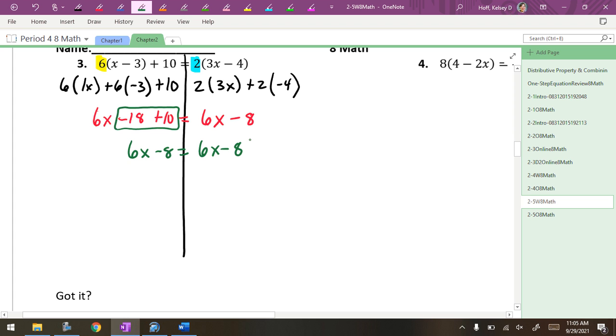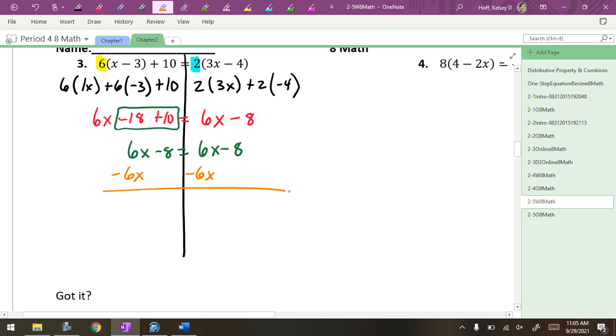All right, our next goal is to get all our variables on one side. How do I get all my variables on one side? Add or subtract? Subtract 6x from both sides. Now listen closely to me. 6x minus 6x: 6 apples, and you ate 6 apples.